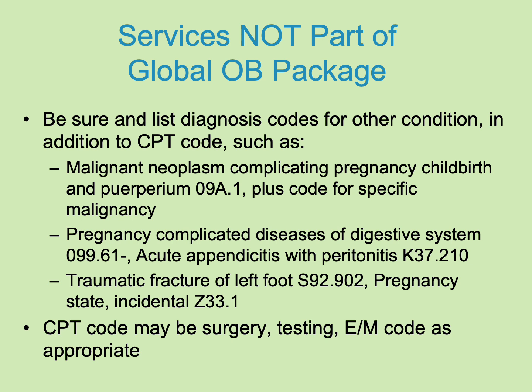Traumatic fracture of left foot, S92.902, pregnancy state incidental, Z33.1. Obviously, the fracture of the left foot has nothing to do with the pregnancy, but you code the fracture and then the incidental, like, oh, by the way, she's also pregnant.